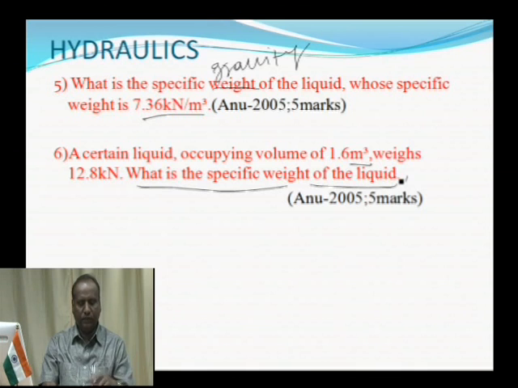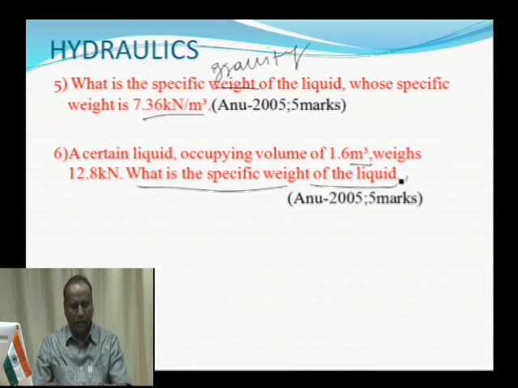So, these definitions we have understood, and the classification of fluids into two types, liquids and gases. Liquids are fluids which cannot be compressed on the application of pressure and occupy the definite shape of a container.